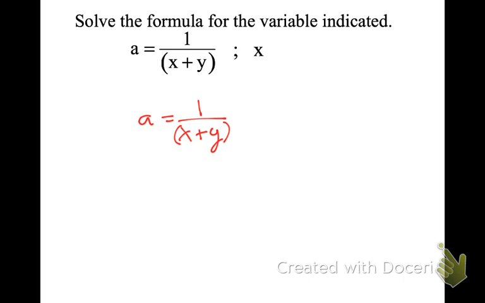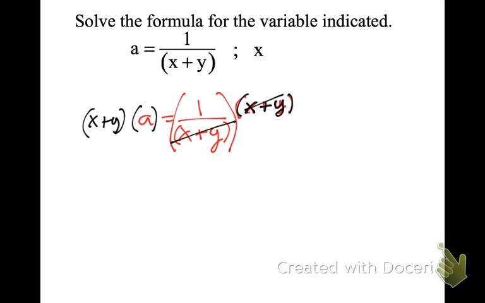To get it out, I'm going to multiply both sides by X plus Y. Now what happens is the whole thing cancels. It's out of there. I have X plus Y times little a equals 1.